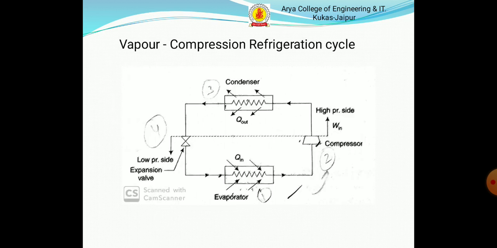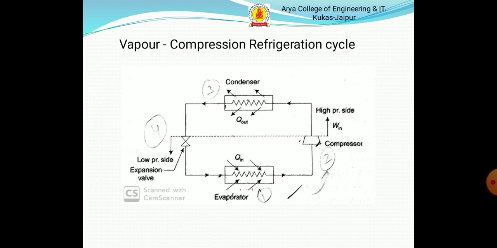The second one is the vapor compression refrigeration method. In this system, the four main components used are: first the evaporator, second the compressor, third the condenser, and fourth the low pressure side expansion valve or expansion device.